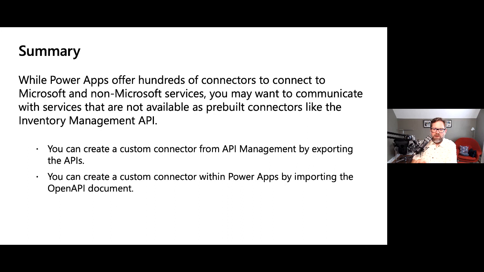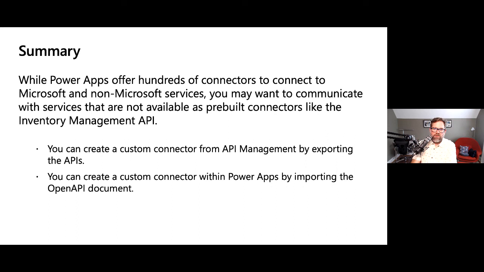It's amazing, all of the connectors that are out there, both from Microsoft and non-Microsoft services, to really make a powerful Power App. But there are times when there's not a pre-built connector that'll serve your needs, like the inventory management API that Justin and I were talking about, like getting warehouse locations for your company. And that's where these custom connectors come in.